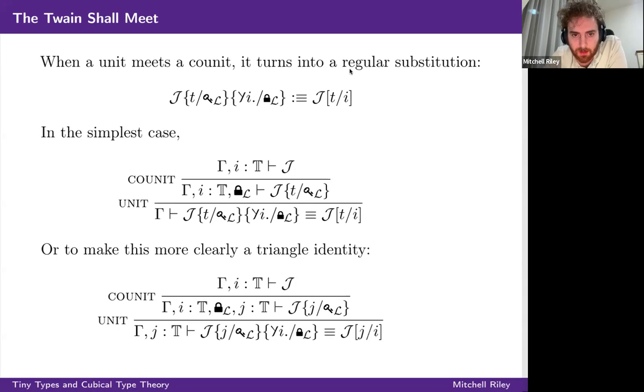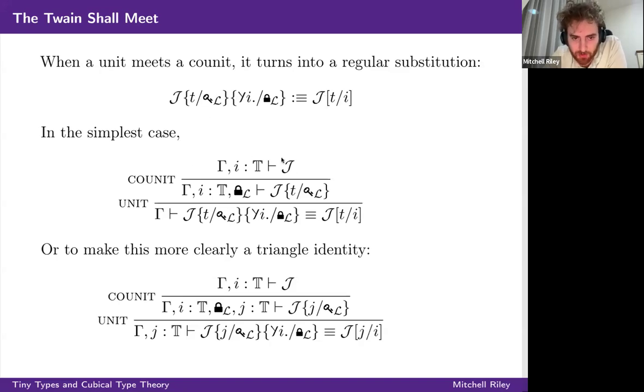of course. So when this happens, and this might happen when you end up with a beta reduction for the root type, you create one of these, which might end up meeting one of these. When this happens, it turns back into a regular substitution.